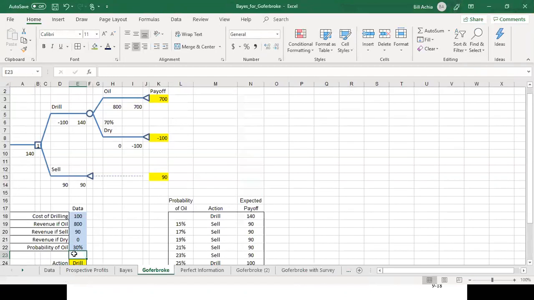How does that impact our decision? Okay. And the table does it well, but if you had to do this from scratch, every time you change that probability, you'd have to go and recalculate all the different figures in your calculation for the different payoffs that you have here, okay?